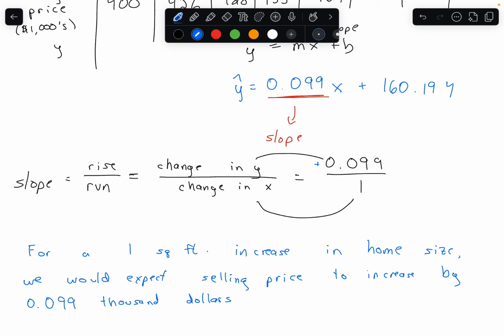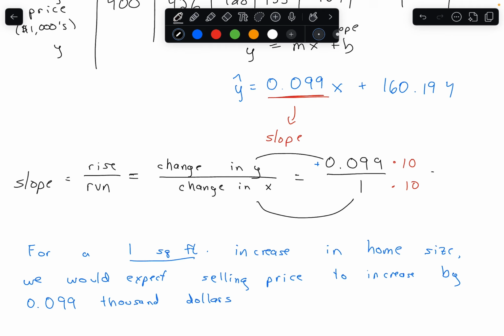Now, you can scale your slope however you like. So in this case, you might say, well, 1 square foot feels like kind of a silly thing to say. Usually you measure it in tens or hundreds or something. So another way that we could say this, particularly if you end up with numbers that look kind of small for the units that you're working with, is you can just say, well, I'm going to multiply both my numerator and my denominator by 10, just to make the numbers a little bit nicer to work with here.